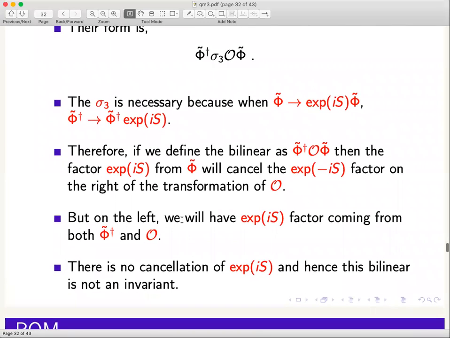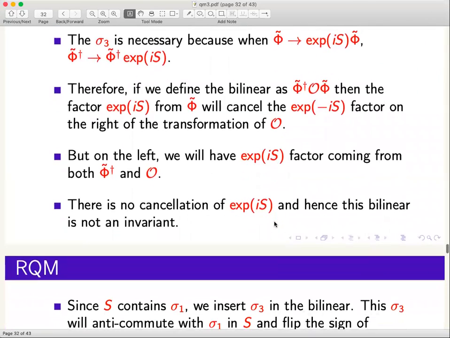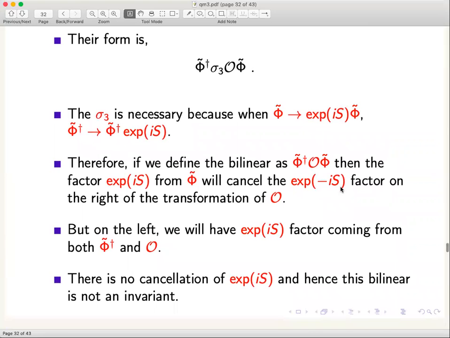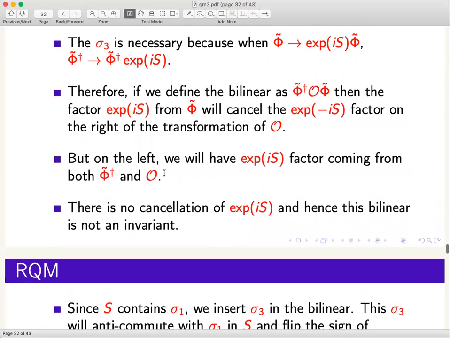So therefore, there is no cancellation if you look at bilinear operators of this kind. Under such transformation, they won't survive. But remember that S contains sigma 1 in it. Therefore, if you insert a sigma 3 in the bilinear, then sigma 3 will anti-commute with sigma 1, and it will flip the sign of e to the is to e to the minus is.